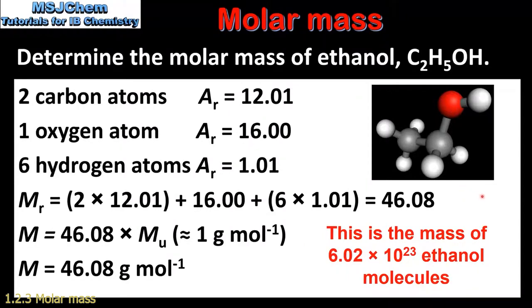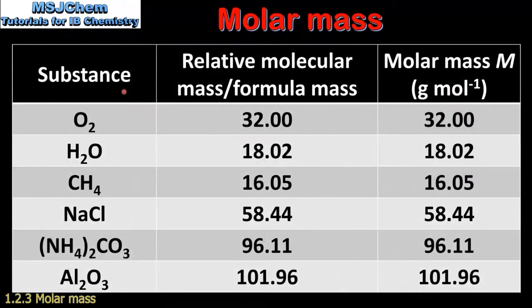So next we'll look at some more examples. In this table we have the substance, the relative molecular mass or relative formula mass, and the molar mass. Starting with molecular oxygen, which has the formula O2. The relative molecular mass of oxygen is 32.00. Its molar mass is 32.00 grams per mole.